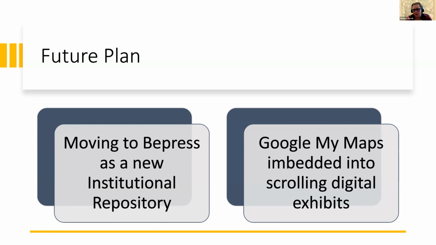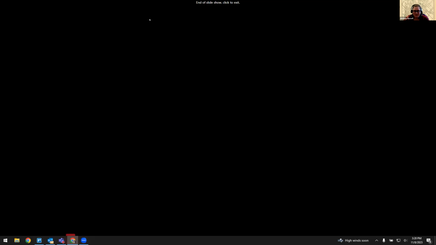I think there's going to be a lot of really cool things coming out of this in the future. That's all I had, just a very brief overview of what we have so far and where we're hoping to go in the future with our new system. So thank you.